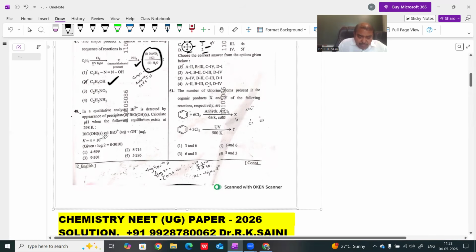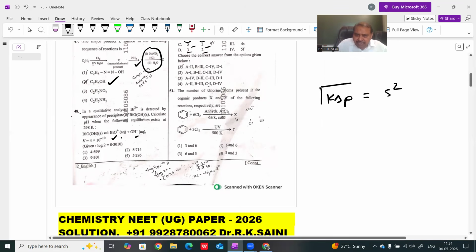The sparingly soluble salt comes in contact with its ions. Therefore, Ksp equals S square, because two species are in aqueous form, bismuth oxocation and hydroxide ion, and hence S is the square root of Ksp. Ksp is a constant, and this value is given as 4 into 10 to the power minus 10.